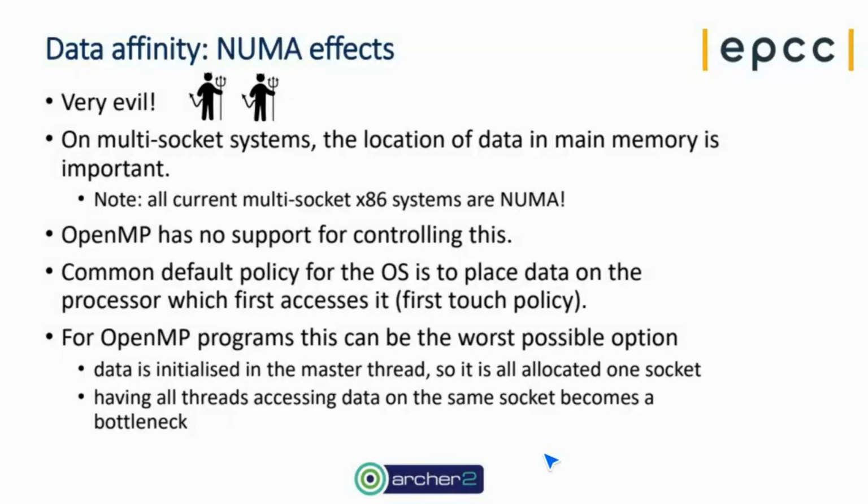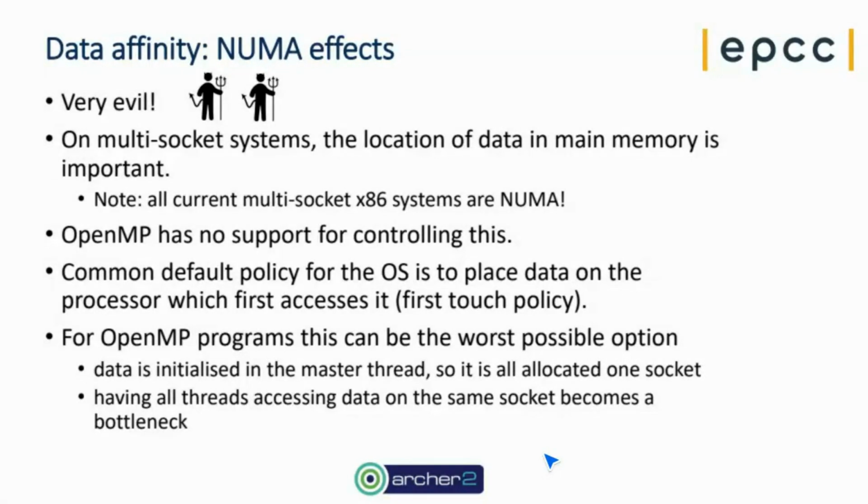And OpenMP itself, as an API, doesn't have any support for controlling that. So there's no way to use OpenMP directives to specify where your data structures are going to live with respect to the NUMA domains. Well, that's more or less true.